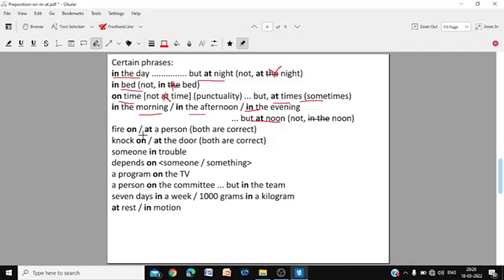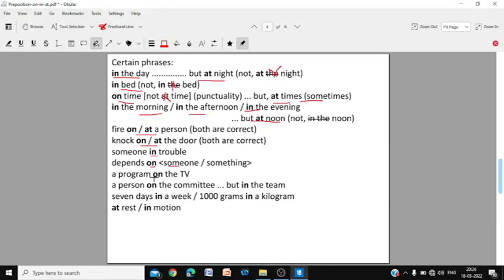Now here, we have a few sentences or phrases where both are permissible. Fire on a person or fire at a person. Both are correct. Knock on the door or knock at the door. Someone in trouble. You're always in trouble. That is, surrounded by trouble. Depends on something or depends on someone.